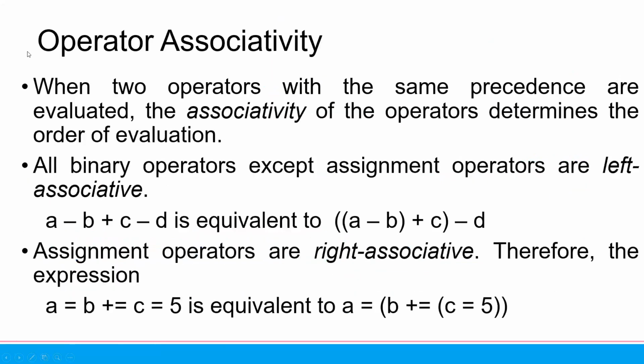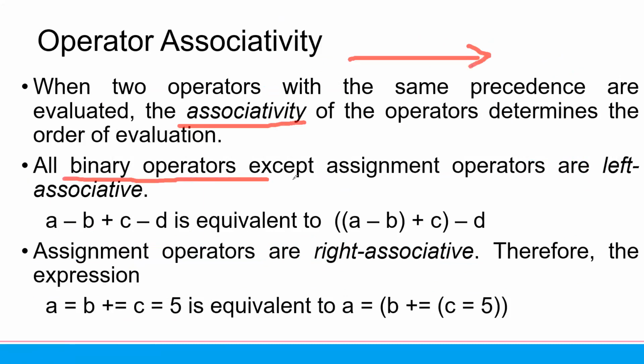So operator associativity means when two operators with the same precedence are evaluated, the associativity of the operators determines the order of evaluation. As I mentioned, the associativity, one of the precedence rules, is from left to the right.